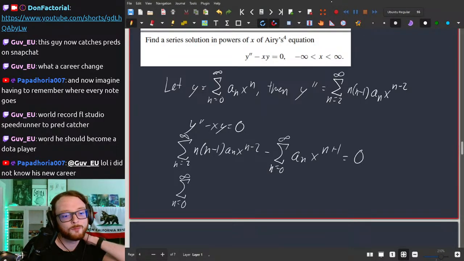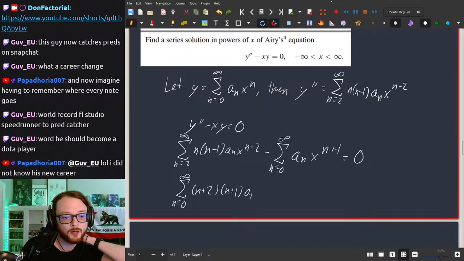This starts at 2, but if we're going to force this to be 0, then that should be n plus 2. This starts at 1, but we're forcing it to start from 0, so it's n plus 1. This starts at a sub 2, so we want a sub n plus 2. That starts at 0, so we want x to the n. Okay, nice.